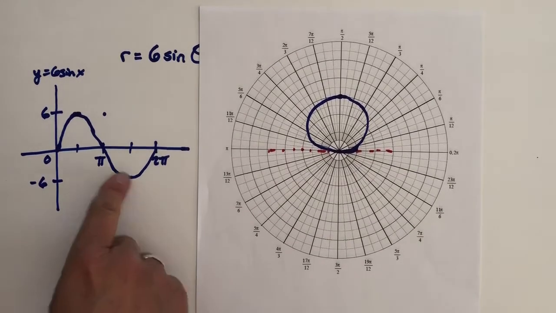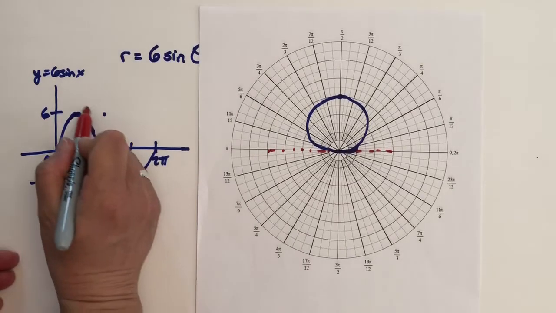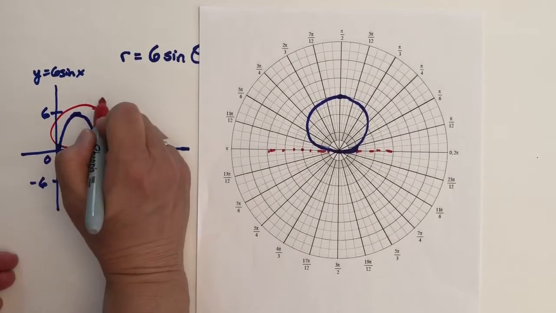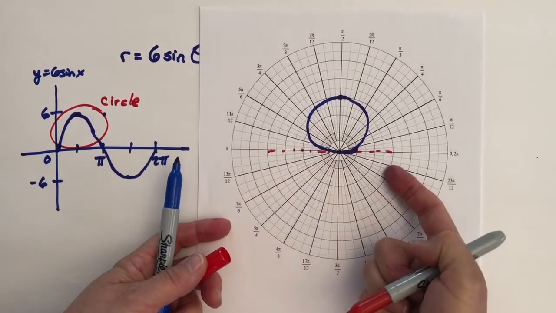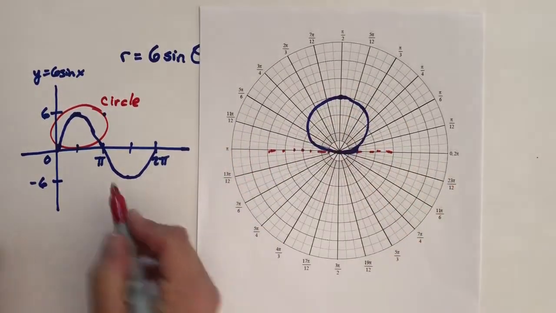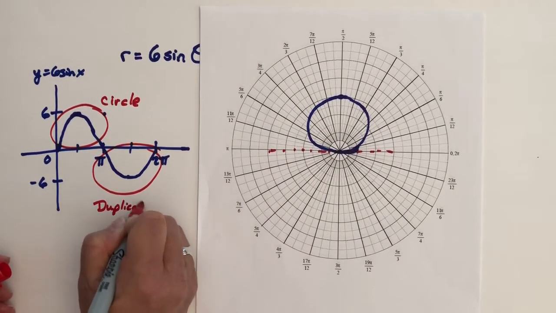Remember that this will be a duplicate right here. This is our circle. This generates the circle. If you looked at from pi to 2 pi, our values are negative, you would generate the circle again. This part duplicates that circle.